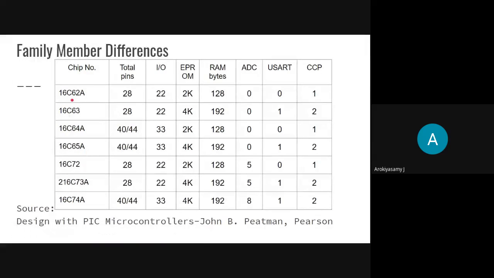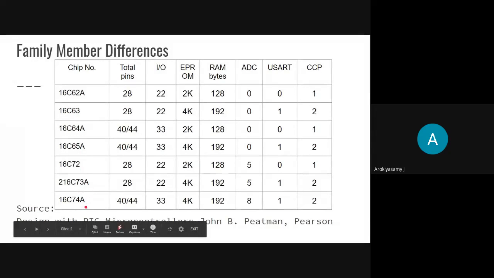There are various versions: 62A, 63, 64A, 65A, 72, 73A, 74. So various versions of the 6X, 7X family are listed here.